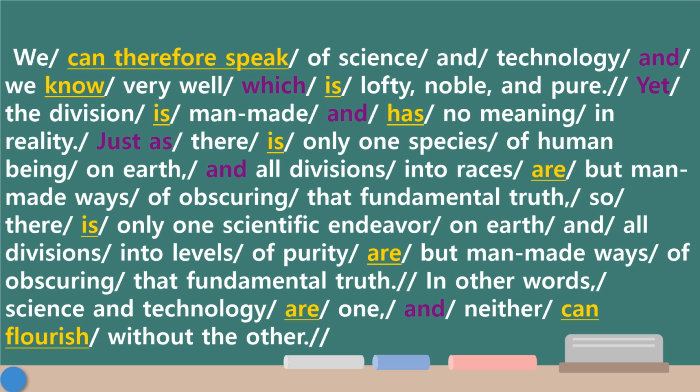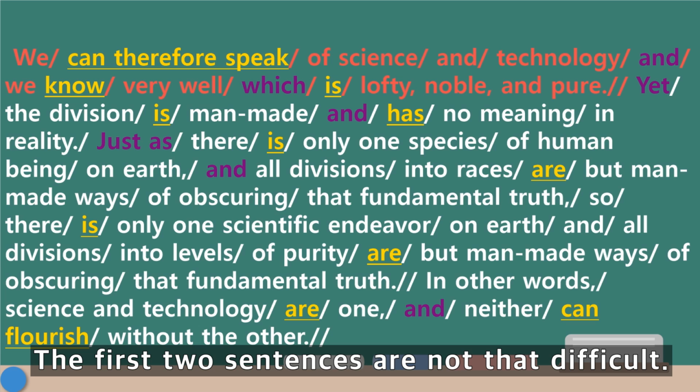So, there is only one scientific endeavor on Earth, and all divisions into levels of purity are but man-made ways of obscuring that fundamental truth. In other words, science and technology are one, and neither can flourish without the other.